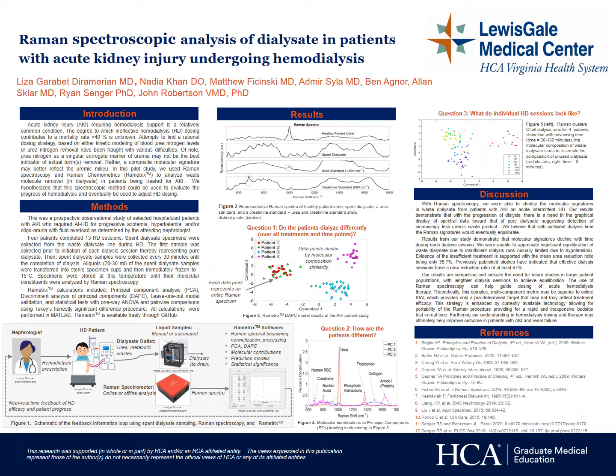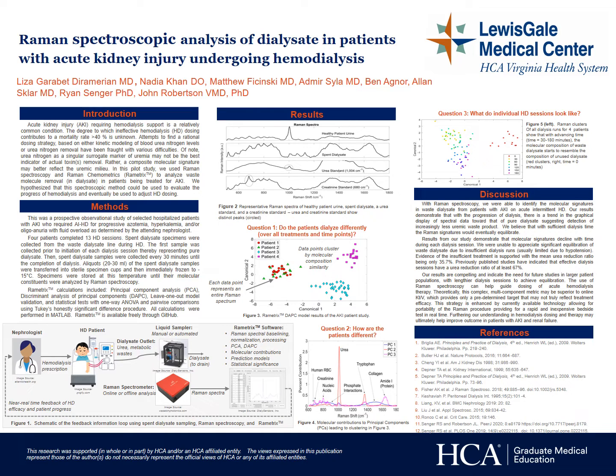We obtained samples of pure dialysate prior to the initiation of dialysis, followed by collection of waste dialysate at 30 minute intervals throughout each treatment. We subjected these samples to Raman spectroscopic analysis to determine their molecular constituents.